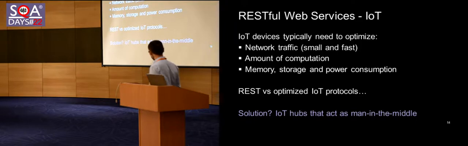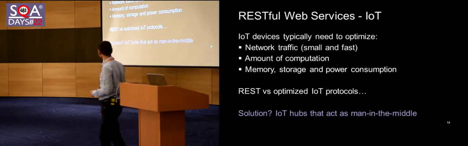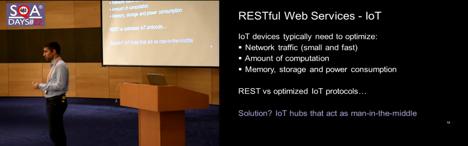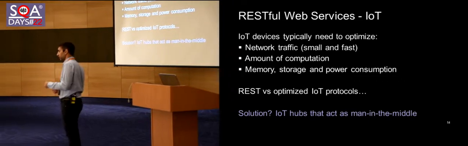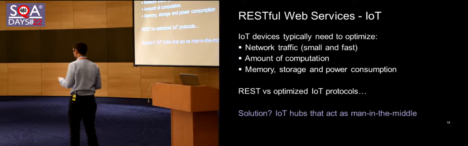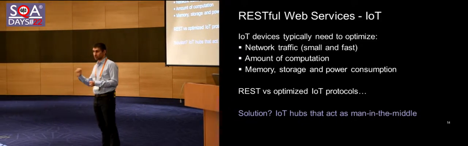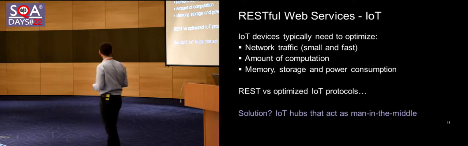So for the IoT device, typically they need network traffic optimizations. They need to be small. We are talking about devices that may not always be on, and when they connect, they need optimized connectivity.